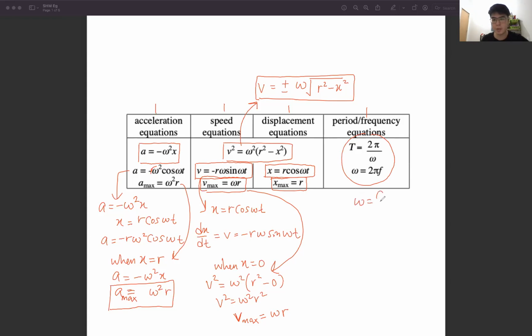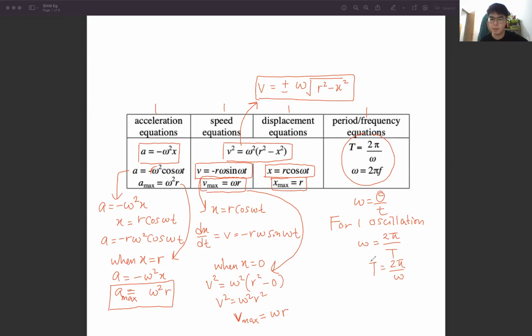Omega is the angular velocity, that means angle divided by time. If I fix it for one oscillation, the angle is 360 degrees, 2 pi, over the time, which becomes the period T, the time for one oscillation. So T equals to 2 pi over omega.